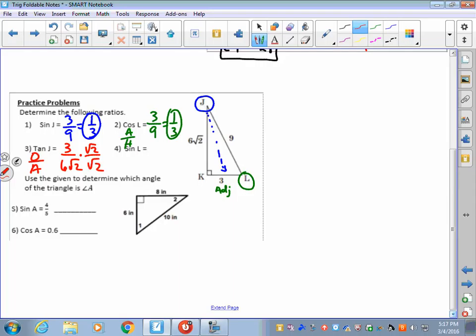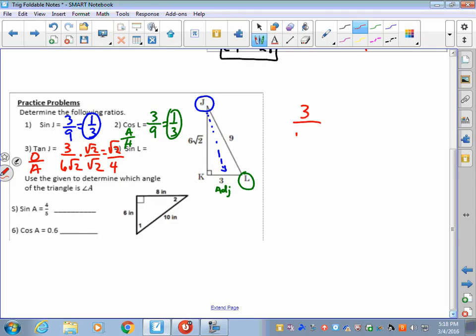So yes, you start off with 3 square root of 2 over 12, but that can be reduced to the square root of 2 over 4. I'm running out of room, so I'll come over here to the right side.